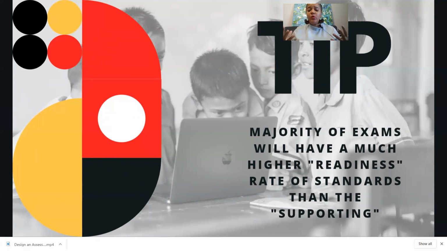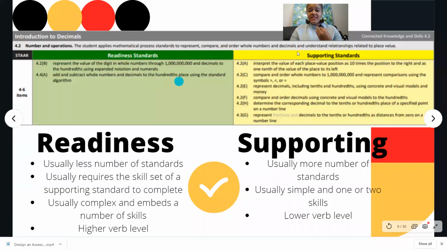If I had 3 questions for all of the supporting standards, like we just saw, let me go back. That's 3, 6, 9, 12, 15, 18 questions right there on the exam. That does a 1 skill thing. But if I move my supporting standard over here, do I really need to do 3 questions on 4.2H? No, because they can't do the readiness unless they know the supporting.